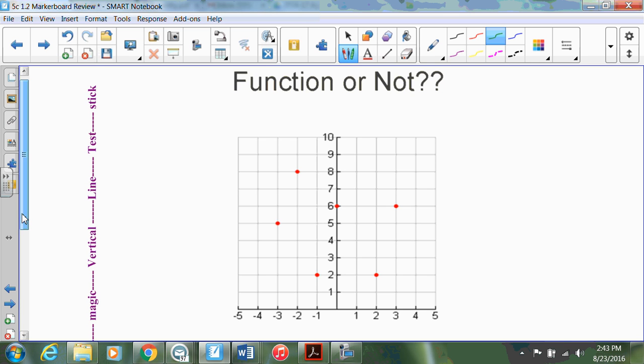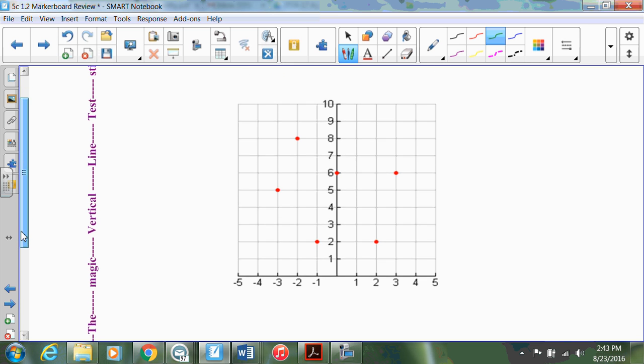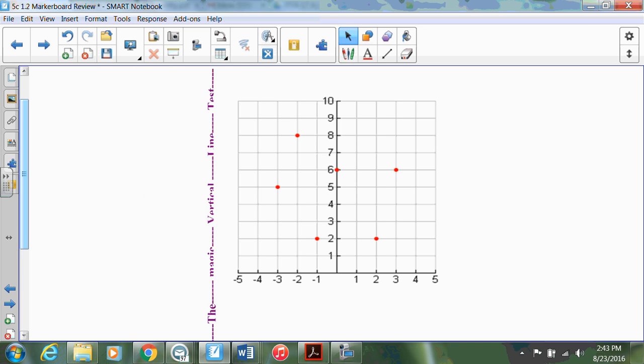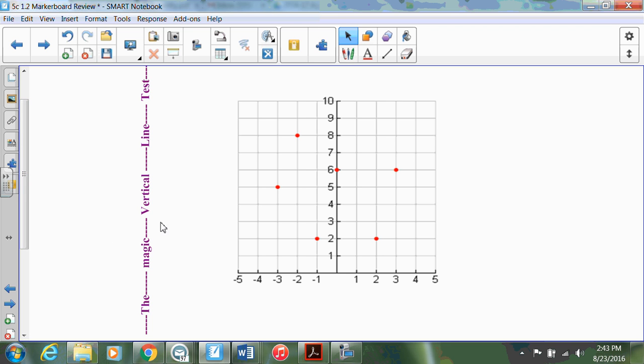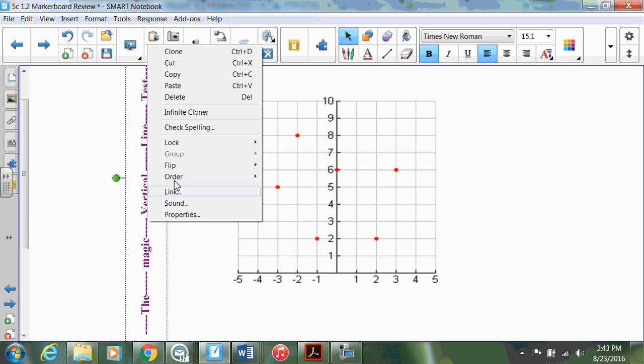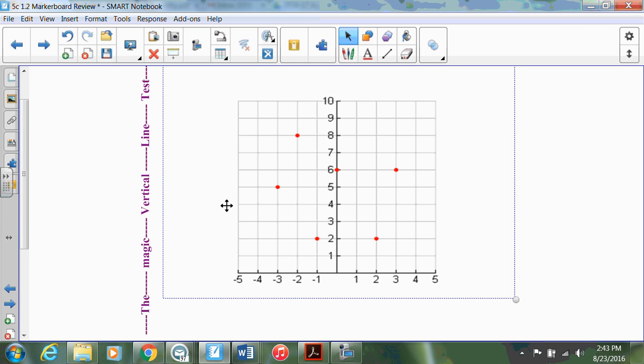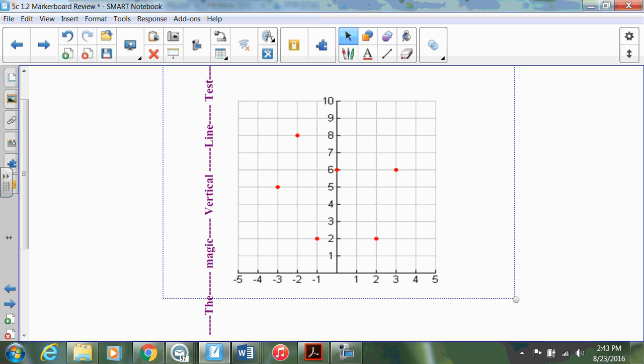Okay, and then when we're looking at graphs to tell whether something's a function or not, we're just using the vertical line test. And so we would throw the line, which, yep, it went under. I'm going to fix the line real quickly. Okay, so if we pass the vertical line over the graph, we can see that it only hits the graph at 1 point at a time.